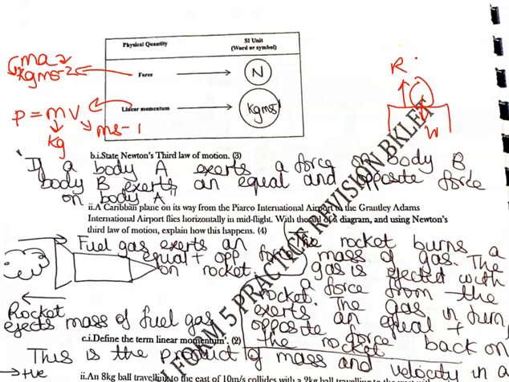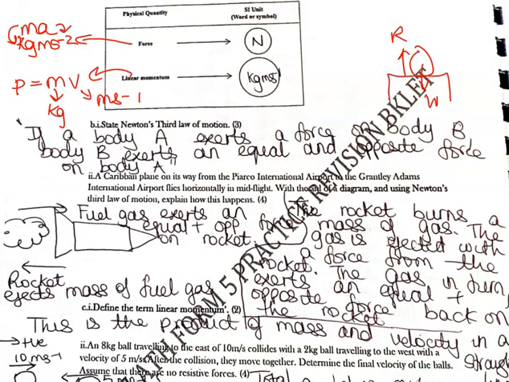So when we describe Newton's third law of motion, we are describing what happens when two bodies are resting on each other. So if I have as simple as body A exerting a force on body B, then body B exerts an equivalent opposite force on body A.